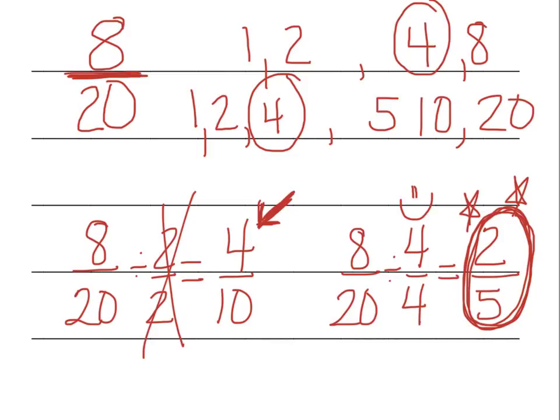Now, there's one last thing I want to show you, which is a little bit of a shortcut for doing the reducing with the greatest common factor. I'm going to use the exact same numbers again, since they're familiar and you'll be able to see what I'm doing.